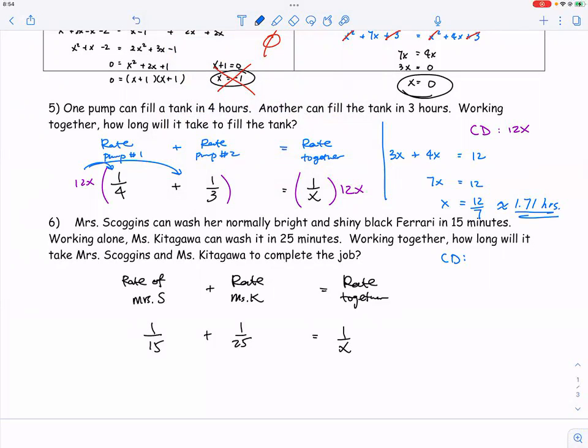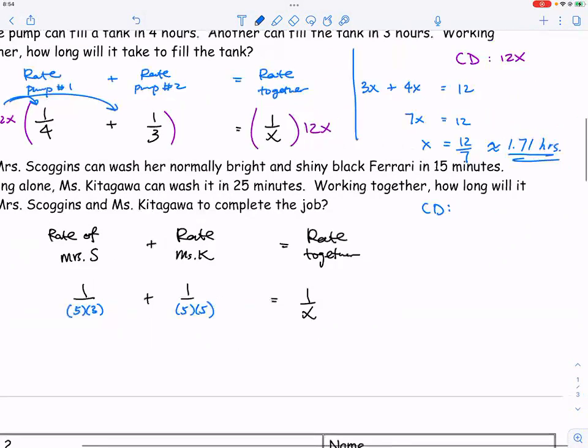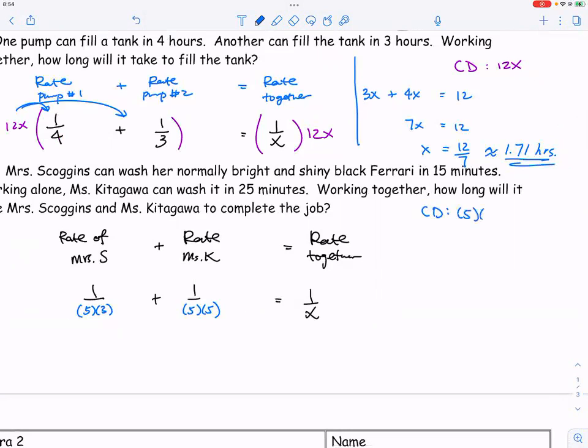25 and 15. If you think it's kind of hard, let me show you how to think about this. You can think of 15 as 5 times 3, and 25 as 5 times 5. So if you want a common denominator, all denominators must have 2 5s and a 3, which is 25 times 3, and that's also an x as well.